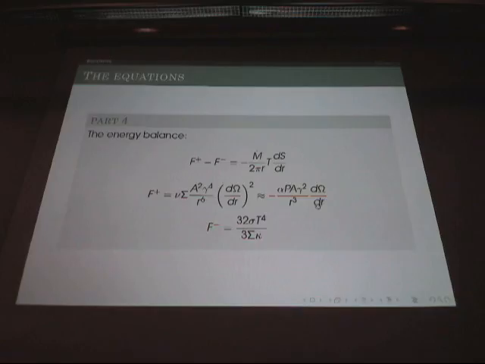For very low mass accretion rate, we see that the fluxes almost coincide. I mean, the red line is almost exactly like the dashed green line. But when we look at higher mass accretion rate, which corresponds almost to the Eddington luminosity, we see that our solution is different from Novikov and Thorne.